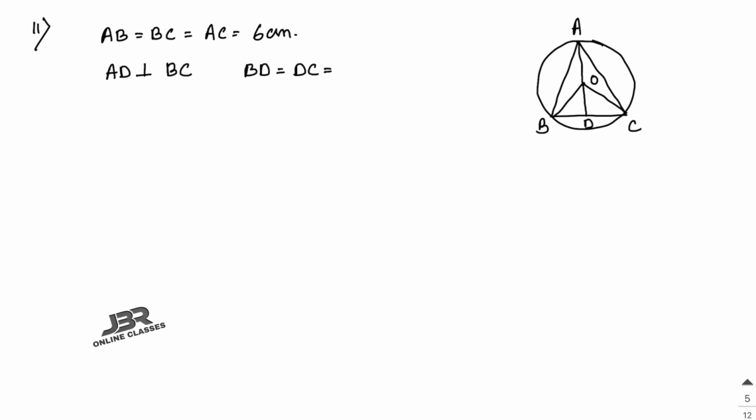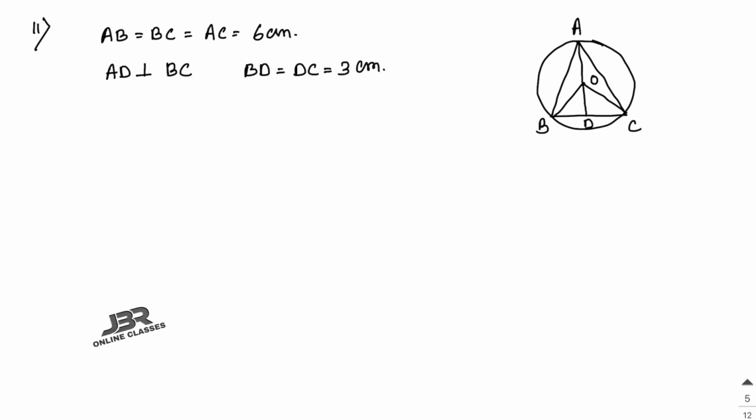Suppose A, B, C, that is D, that is O. Join OB, OC. So AB equals BC equals AC equals 6 centimeter. AD is perpendicular on BC, and BD and DC are 3 centimeter, as D is the midpoint of BC.